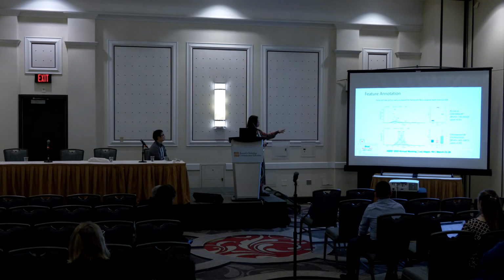Looking at the next one, the accurate mass also matches. The mass error is only 1.82, but looking at the left, at the intensity of this feature, the intensity is not proportional to the cell number.